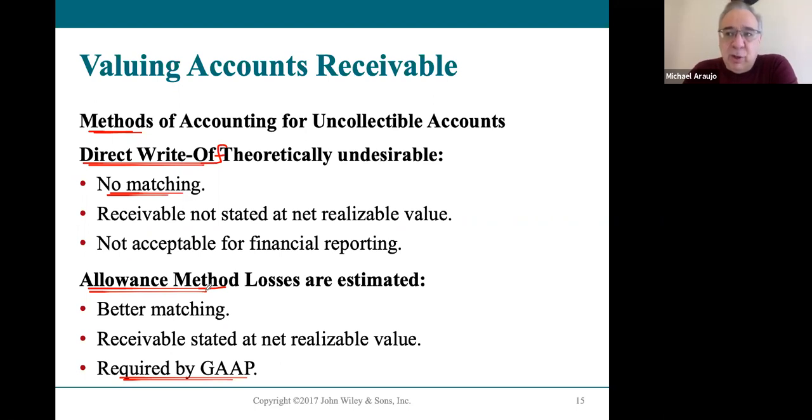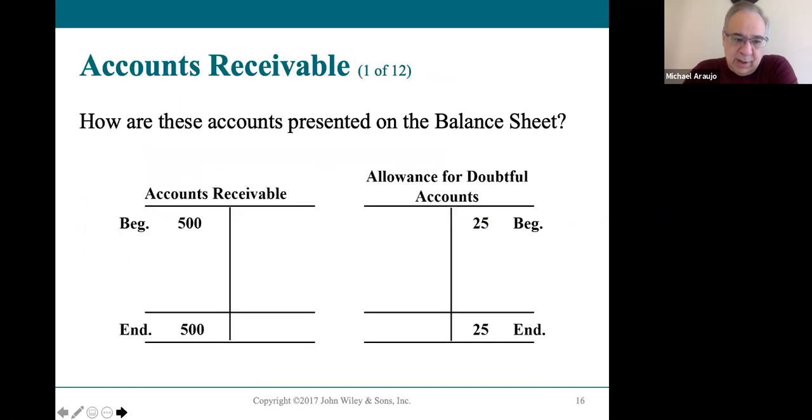Or they can use another calculation method to find that number. But according to GAAP, they can only have a bad debt expense once a year. That's at the end of the year. And it's an estimate. And you'll see that play out. This is required by GAAP, to use the allowance method. And that's what you're going to be learning here.